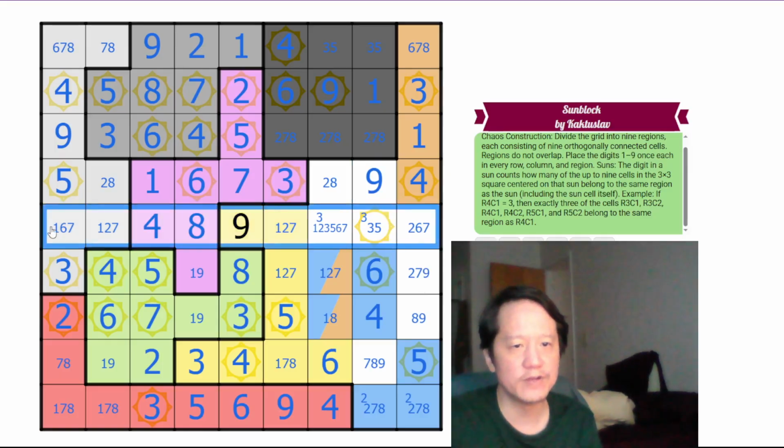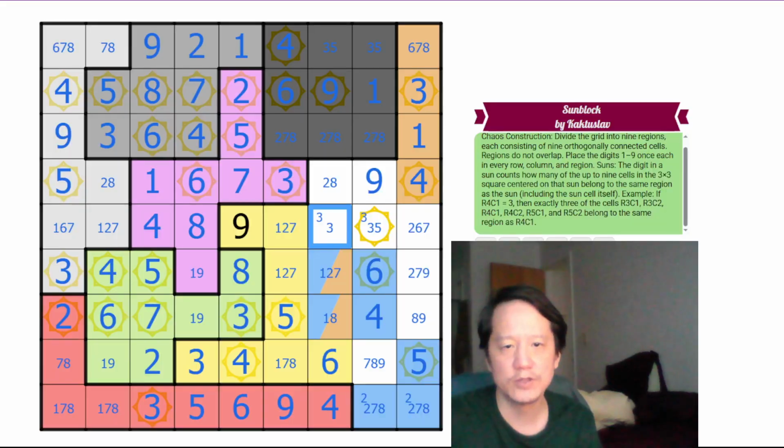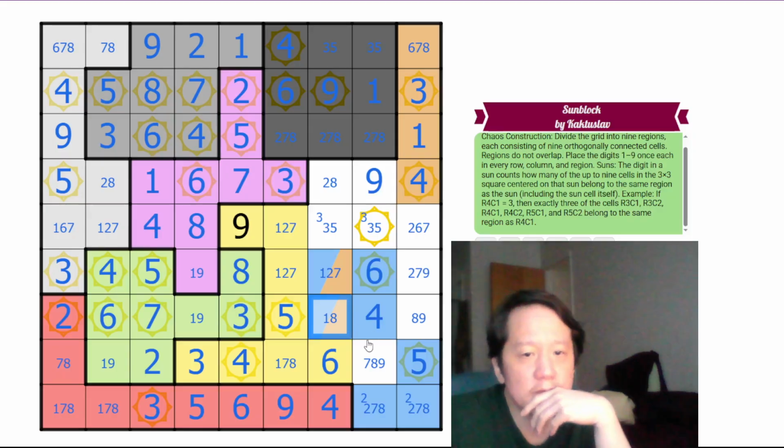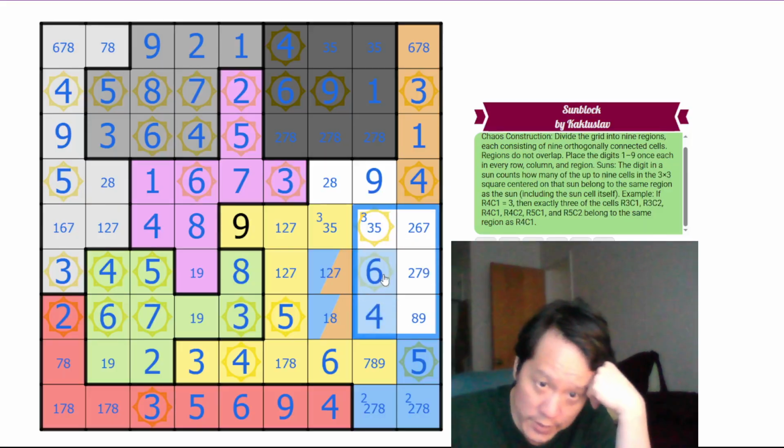Where are 3 and 5 in row 5? Can't be here, can't be here, can't be here, so this must be also 3 or 5. Yellow is either here or here. 6 has to be surrounding the blue.